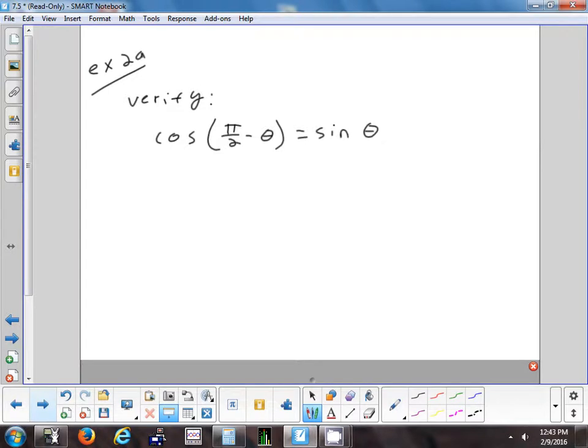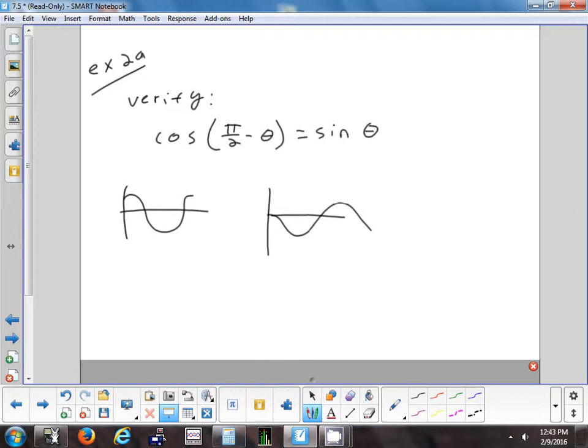All right, I want to prove that the cosine of pi over 2 minus theta is the same as sine theta. In other words, what this is basically saying is cosine and sine are phase shifts of each other. If you remember the graphs, they both are waves. Cosine just starts at the top, and then sine starts there.